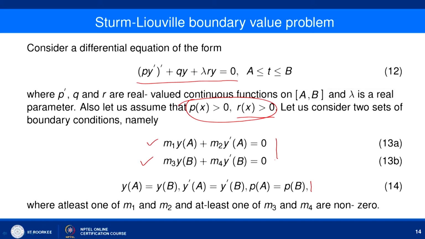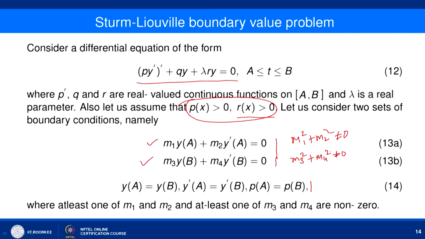Here we are assuming that in 13 one of the coefficients m1, m2 must be non-zero. Similarly one of the coefficients m3, m4 is a non-zero constant. So we assume that m1 squared plus m2 squared is non-zero, and similarly m3 squared plus m4 squared is non-zero.